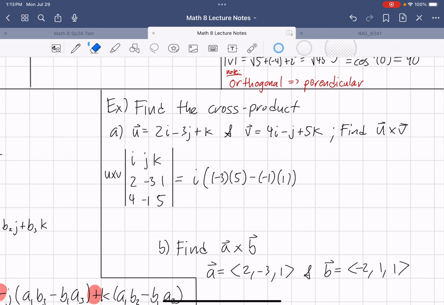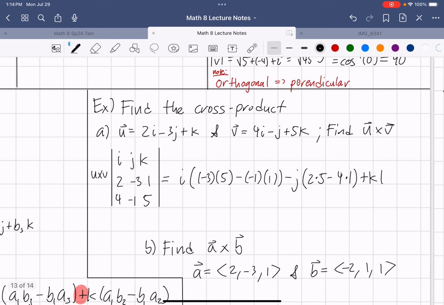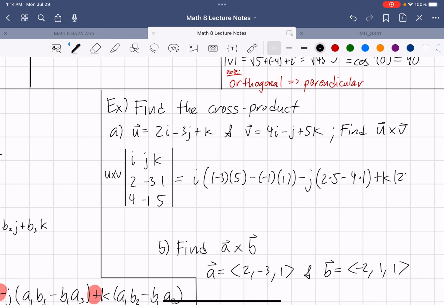And then our second column, now we have our minus j times 2 times 5 minus 4 times 1. And then plus our last column, k, is going to be 2 times negative 1 minus 4 times negative 3.